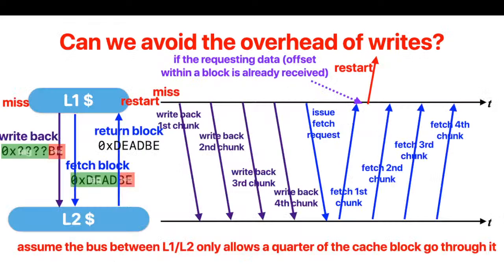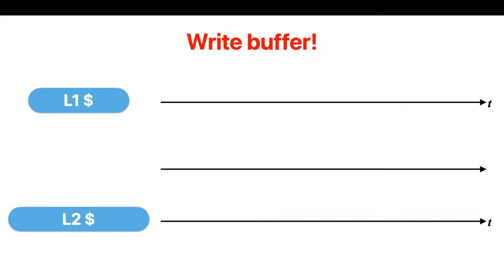So now you might be asking, okay, now we have this part happening earlier. Can we also reduce the overhead here? It turns out the write back overhead we can solve using another idea called write buffer. The basic idea of a write buffer is to add a small fully associative cache between your L1 and L2.